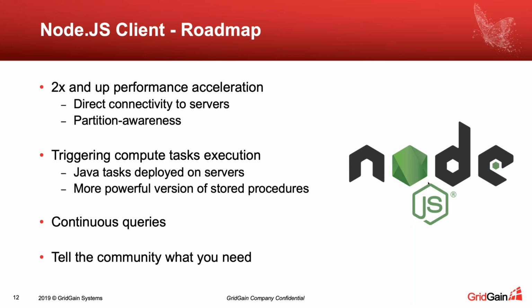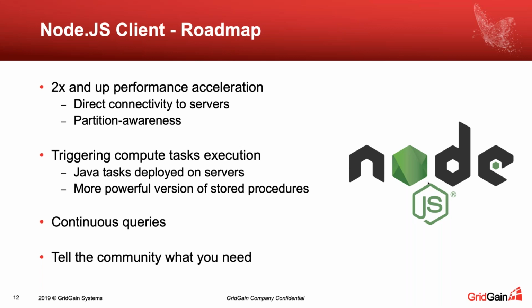Also, based on the feedback, we are thinking about one of the Ignite benefits, the collocated computation framework. When you have computations deployed which process data in a more sophisticated way, you can trigger those computations on the server side, avoiding data movement from your server side to your applications.